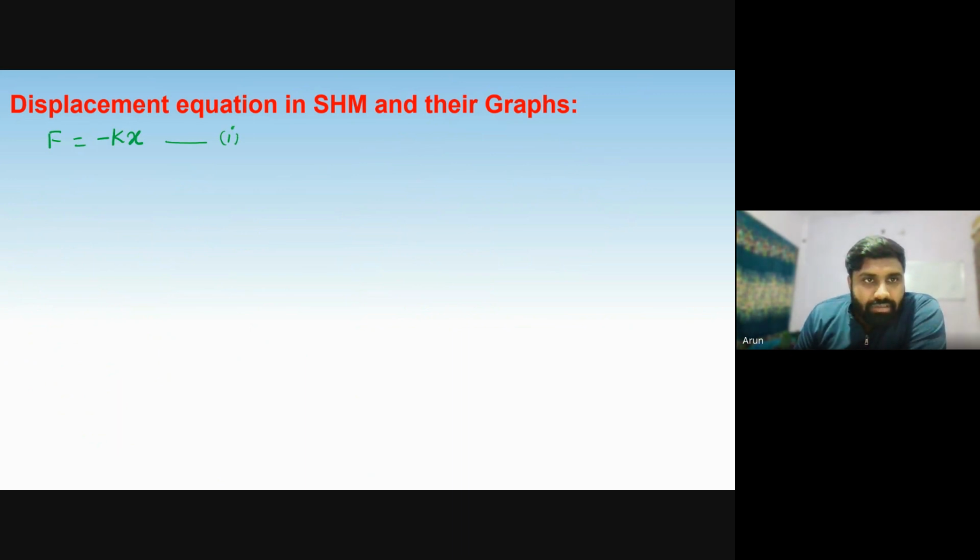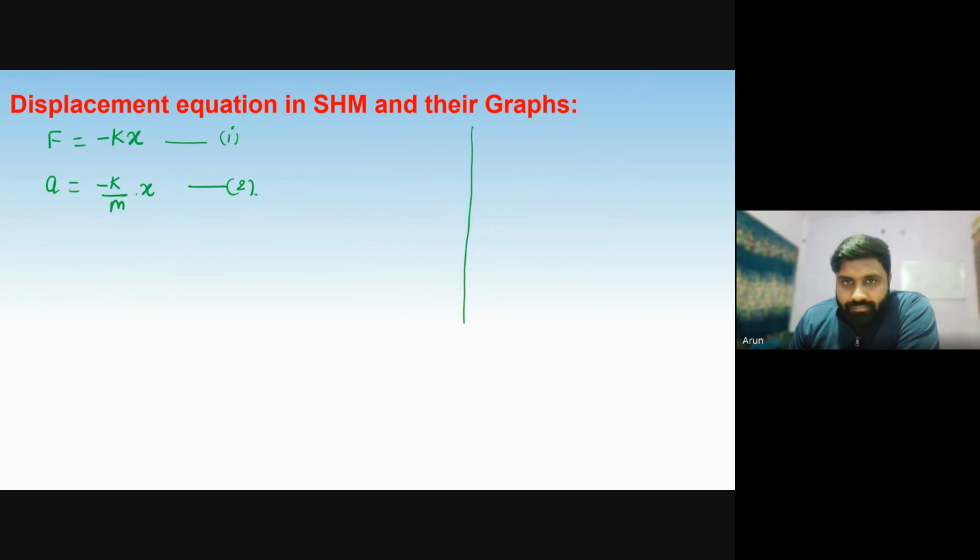If I talk about acceleration, you can write f is equal to ma, so a is minus k by m into x. This is equation number two. If I talk about the velocity and x relation, I have developed a method from where you can find it easily.